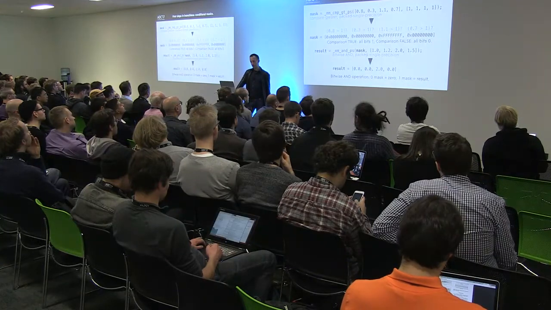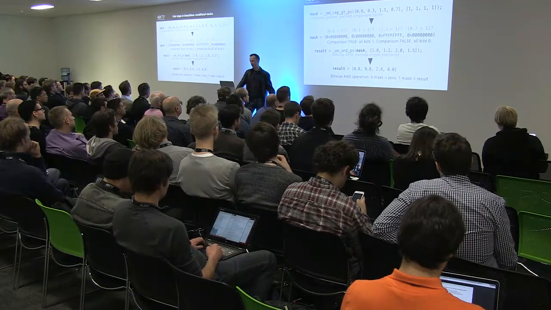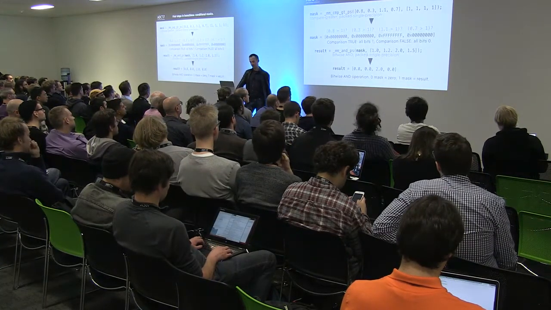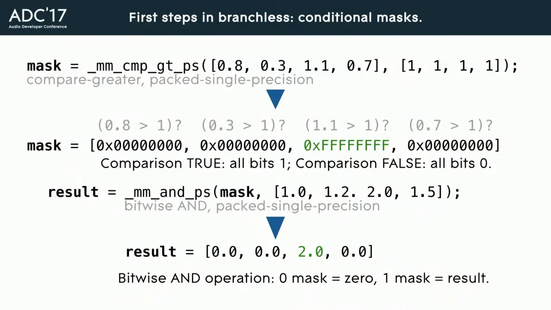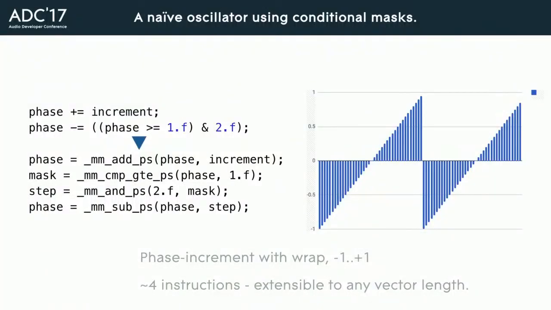And then we can just do a logical AND with that mask and just get values for the if true case. So you get a value for if true, you get a 0 for if false, and that lets us build a naive sawtooth oscillator. Here's the example code for how you'd do that. I hope that's simple enough that everyone gets it.